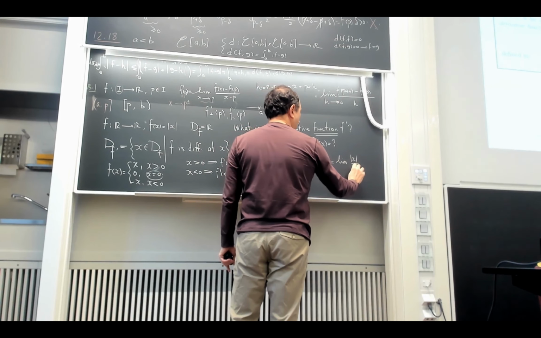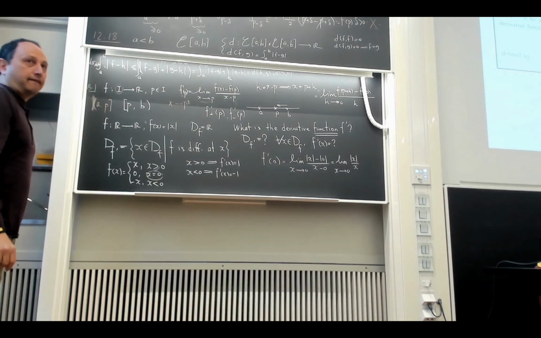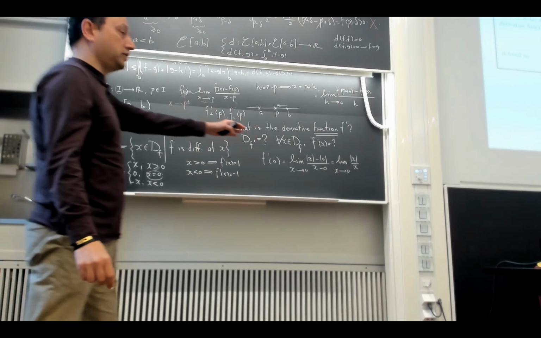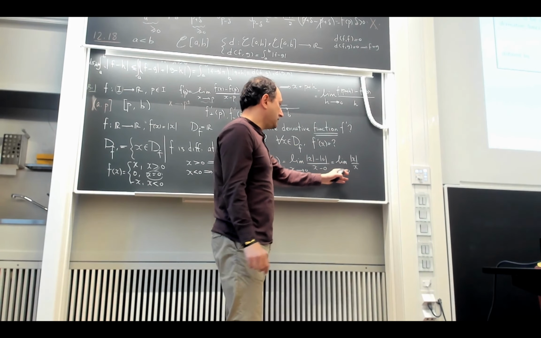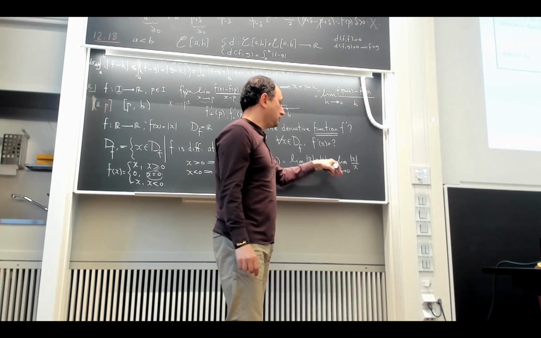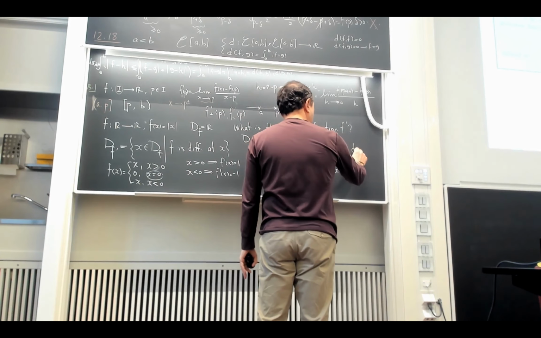You have seen it in calculus. So what do you say about this limit? This limit does not exist, yes? Because if x approaches 0 from the right, the limit becomes 1. If x approaches 0 from the left, the limit becomes minus 1. So this does not exist.